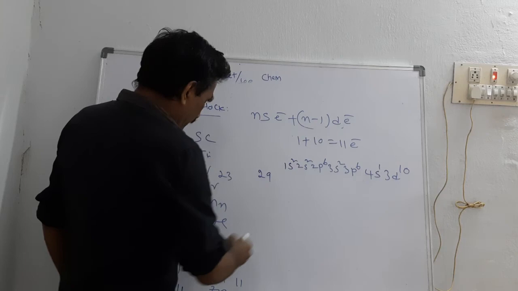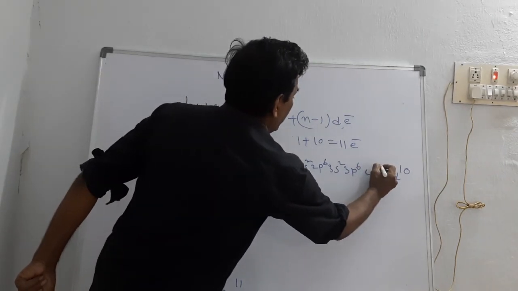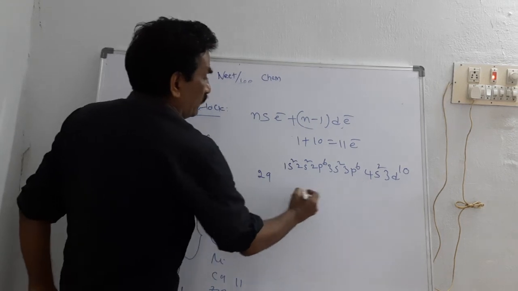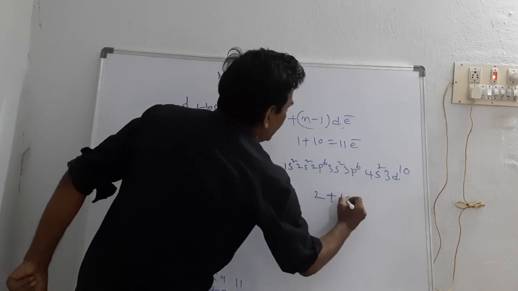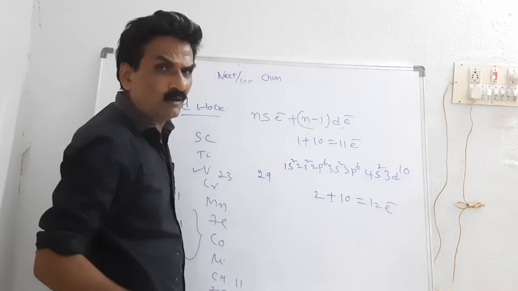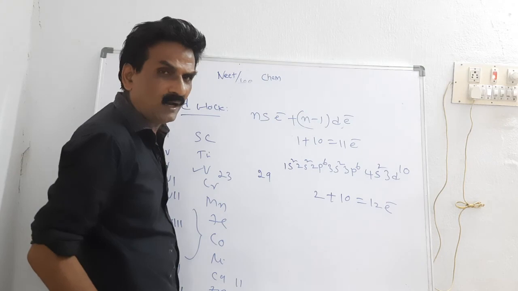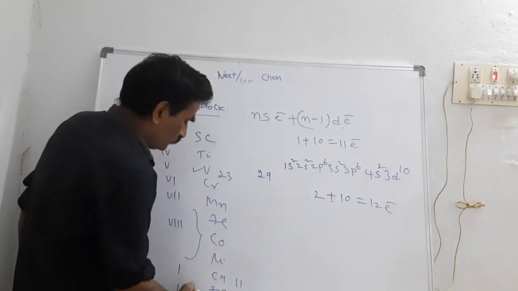At the same time, zinc is 4s2 3d10. How many s electrons? 2, d electrons 10, so 12 electrons are there. So zinc belongs to the 12th group, or second B group, 2B.